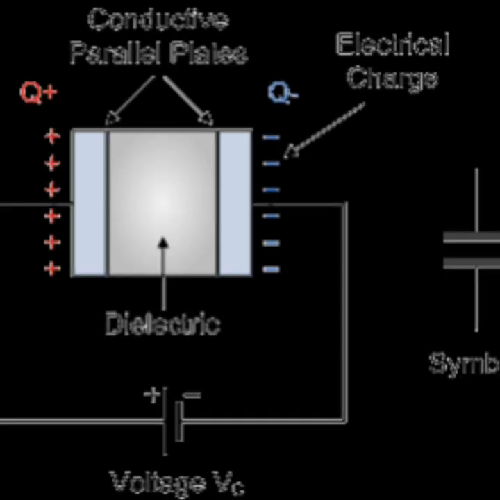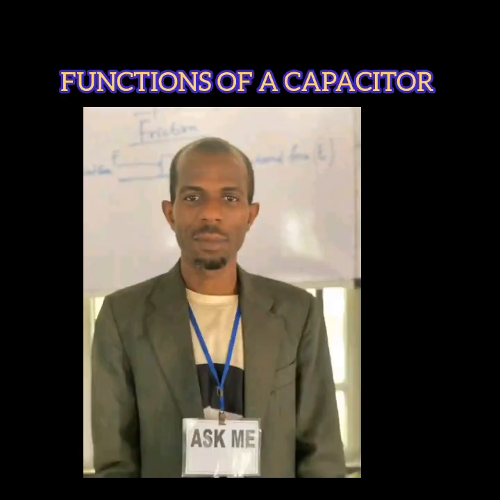Alright, let us look at the functions or uses of capacitors. How are they used and what are they used for? Number one, capacitors are used for storing electrical energy in the strong electric field between their plates.